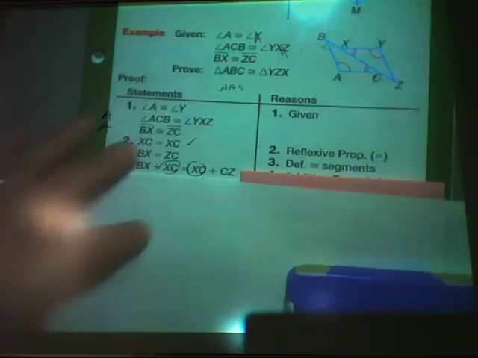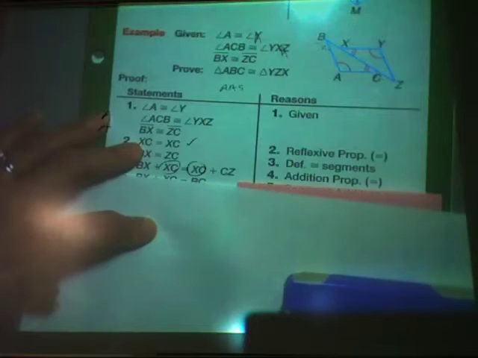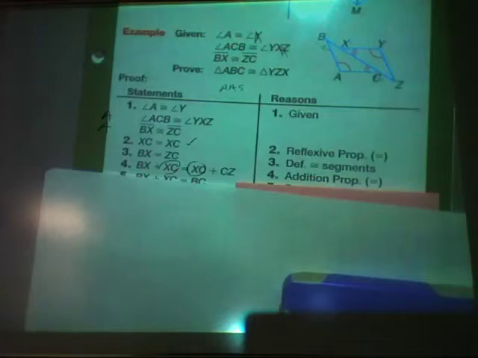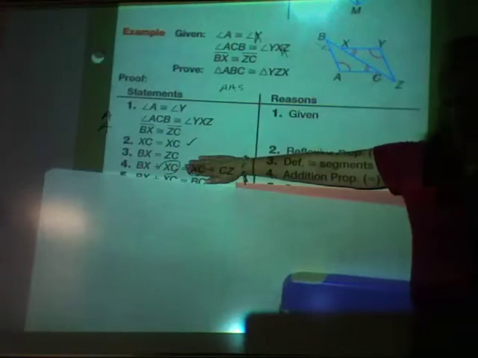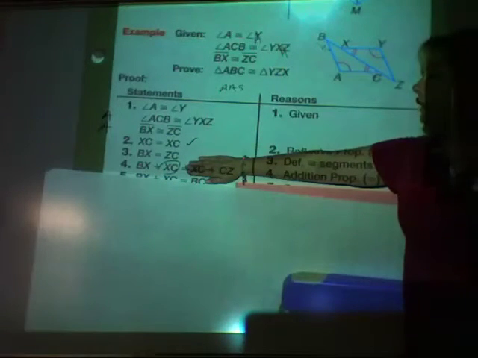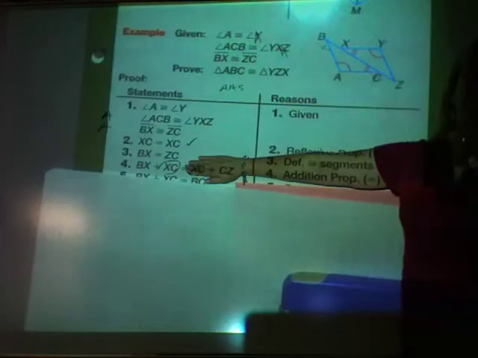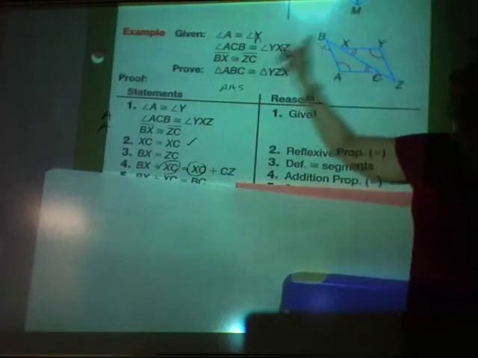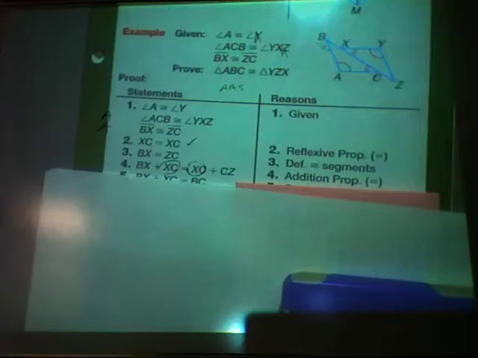Isn't that your segment addition postulate? But look at what the reason is. Why is it the addition property and not the segment addition postulate? If I had just this, what would that have been? Well, if I had had BX plus XC, it is equal to BC. That would have been your segment addition postulate.